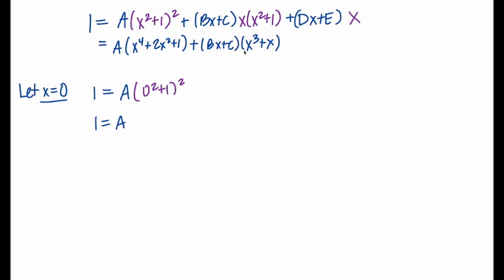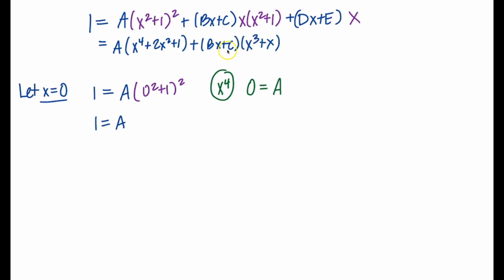And then let's go one at a time and think about x to the fourth on the left. Well, okay, there's no x's on the left. So that means all of those coefficients are 0. On the right, what's going to be in front of x to the fourth? Well, just a is going to be in front of x to the fourth right here. So I'm going to have a. And then let's see right here, will there be an x to the fourth? Yes, bx times x cubed is an x to the fourth.